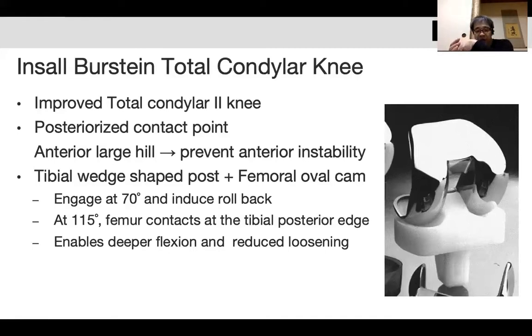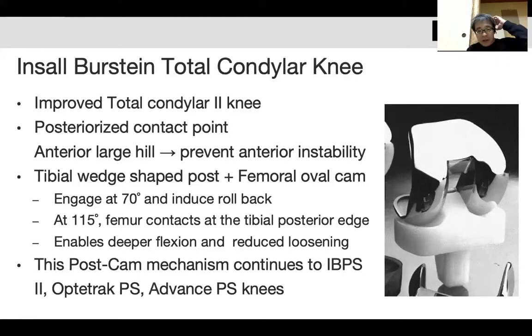We call it engage. After that, this post can act as a posterior stabilizer along with the rollback induced on the femoral component. So this post-and-cam mechanism is continued and improved in our current modern prostheses.